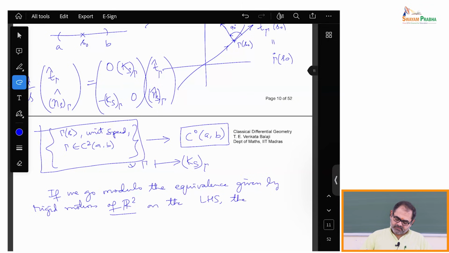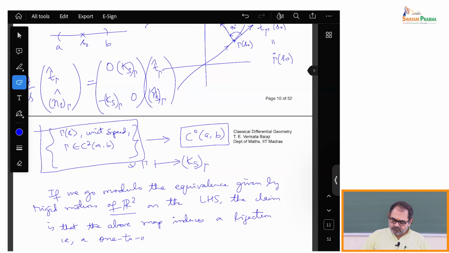The claim is that the above map induces a bijection, that is, a one-to-one correspondence.